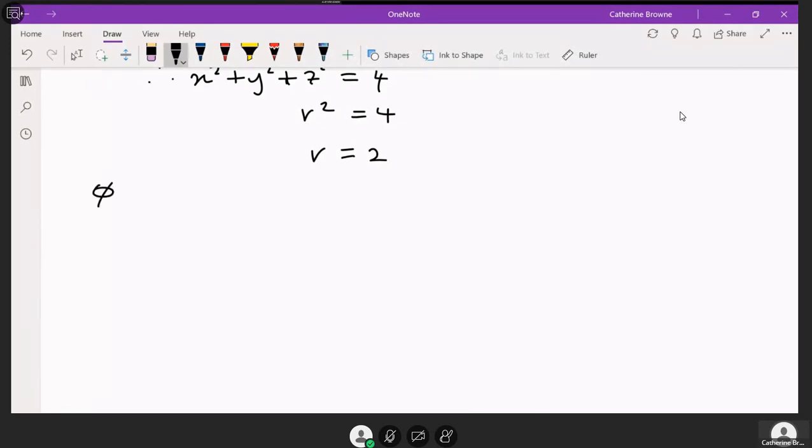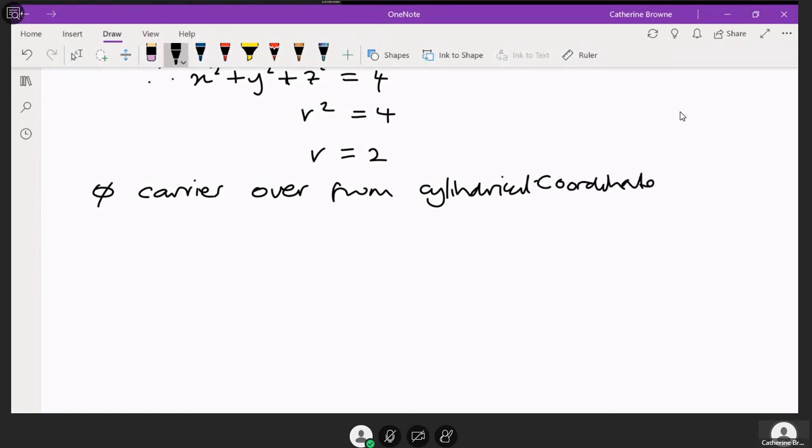We use the angle to go, I guess, the other way. And so phi carries over the same as before. And there's no restrictions on z, so we don't have to consider what theta has to be.